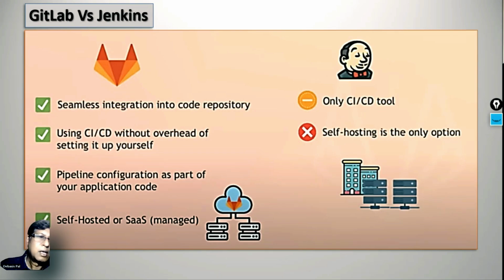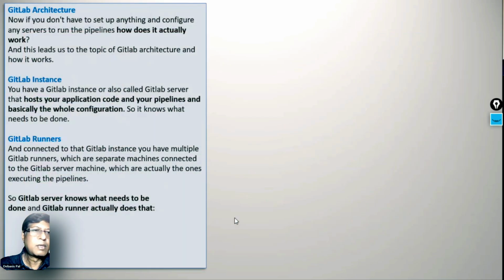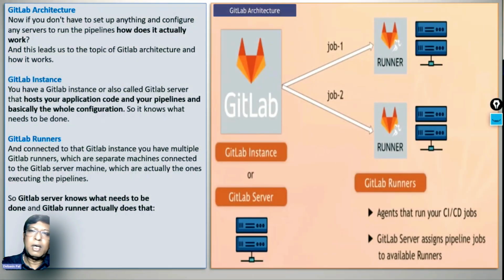Okay. And there is the GitLab runner, which is self-hosted, or it can be SaaS managed, software as a service. It can be a managed GitLab runner. So I will not go into those details because I think we have one more hour to understand Terraform as well.